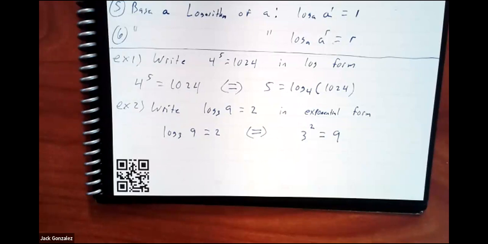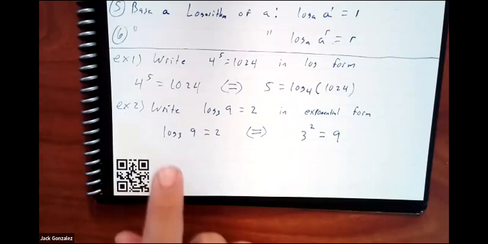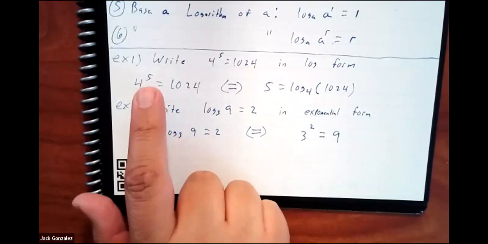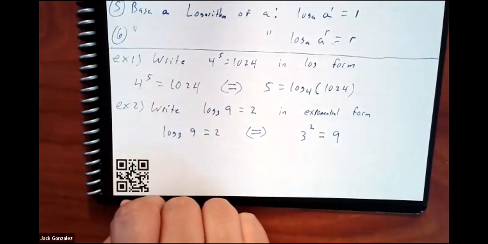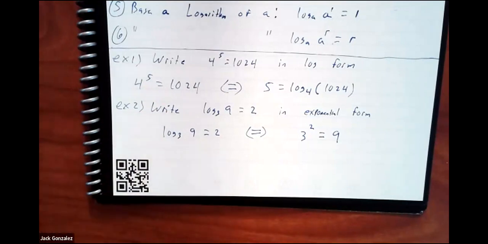Would it ever be backwards like that? Was the 5 equals log base 4 of 1024? Yeah, you could start as a log or it could start as an exponential. Depends. So it goes both ways.